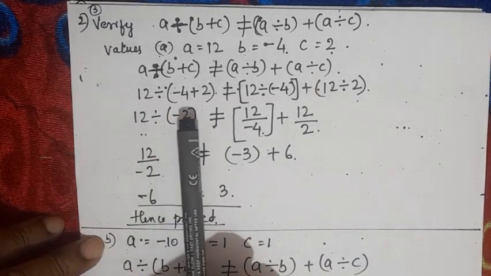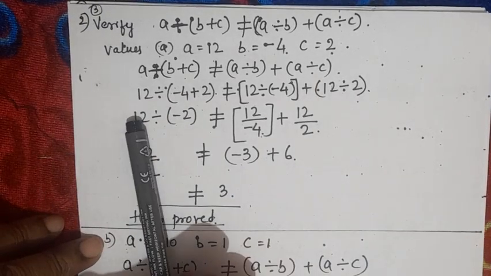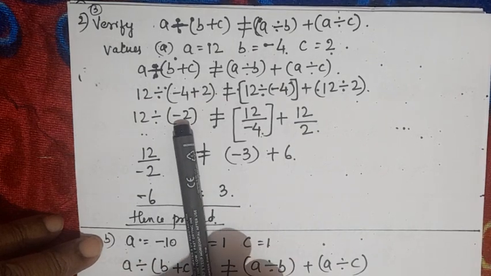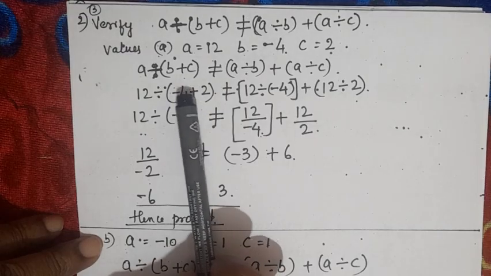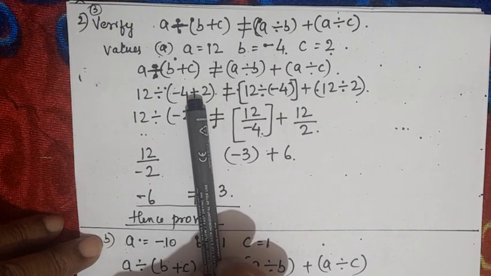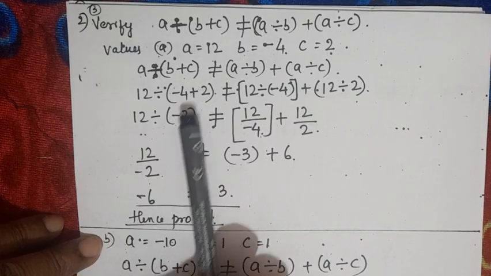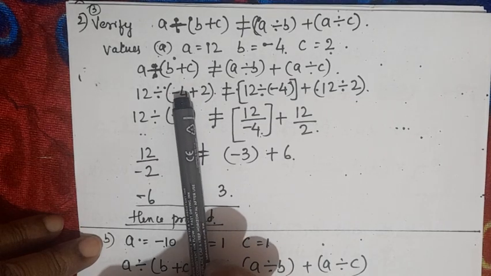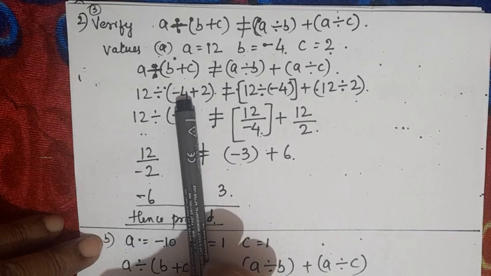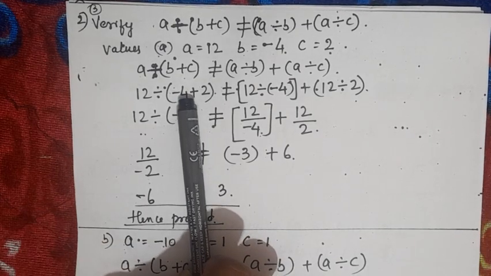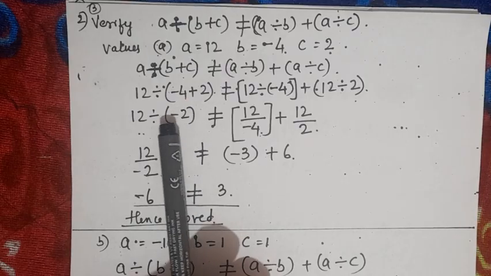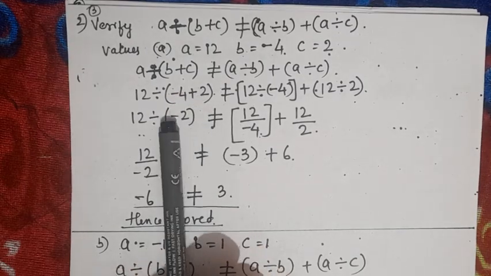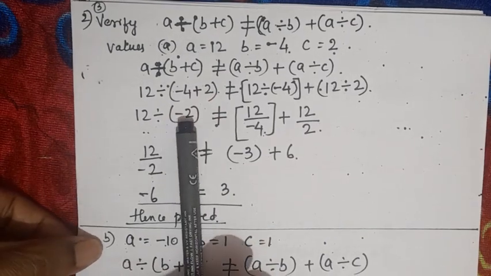Now first you solve the bracket. Minus 4 plus 2 is equal to minus 2, because when there is minus and plus, you subtract the integers, and the sign should be of whichever integer has the bigger value. 4 is bigger than 2, so we write the sign of the bigger integer, that is minus. So here it is minus 2.